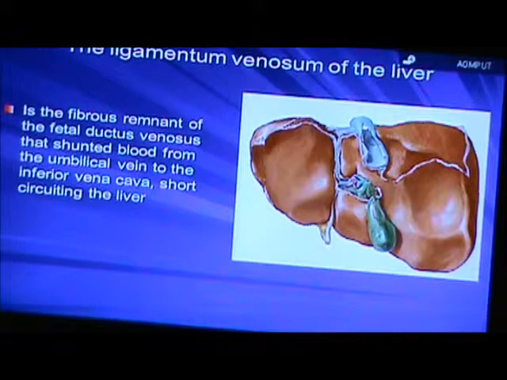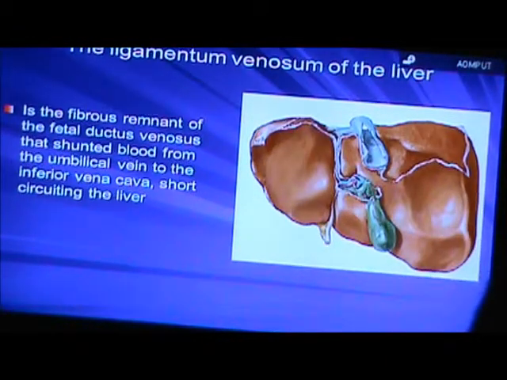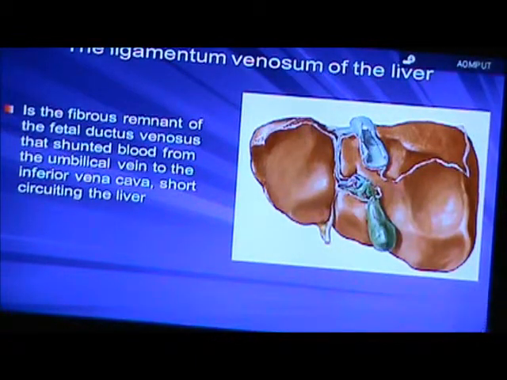Such a ductus venosus is a very important structure because it joins the umbilical vein with the inferior vena cava. So this is a fast way for the well-oxygenated and nutrition-rich blood from the mother, through the umbilical vein, through the ductus venosus, and next to the inferior vena cava, right atrium, and to the whole circulation of the fetus.